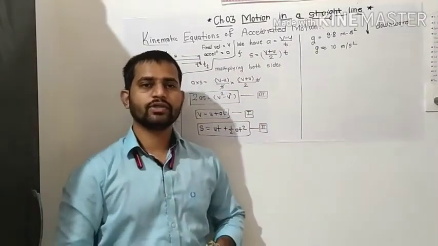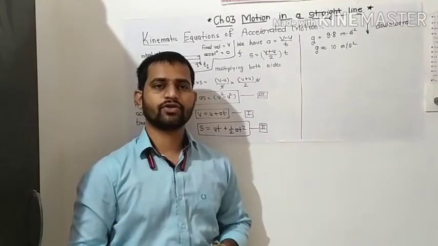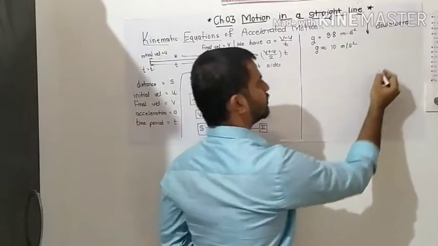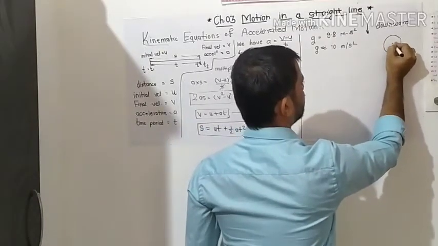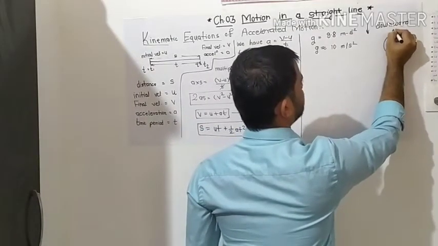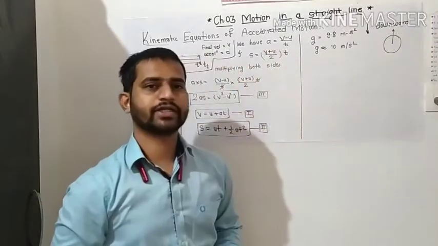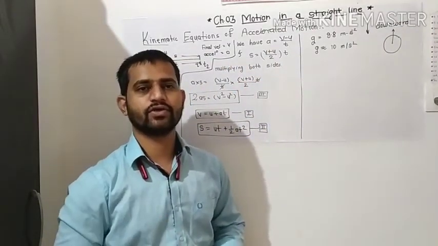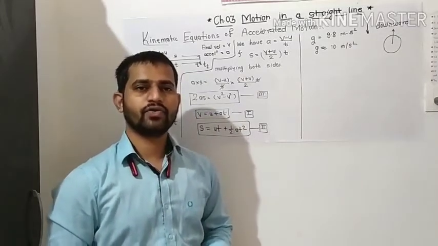The vertical of the earth is directed from the center of the earth in a vertically upward direction, and that's why the gravitational force is always directed downward.